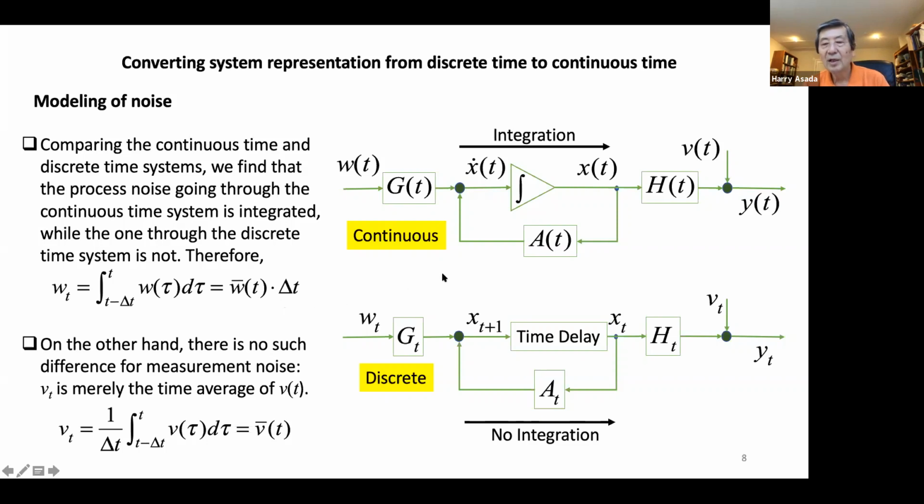On the other hand, the measurement noise doesn't have that kind of difference, it's just added to this one, right? So V_t can be treated as just a time average of V_t over a shorter time period, delta t. What I did here is an expression for obtaining the time average of that V_t over delta t, which is written as V upper bar t.